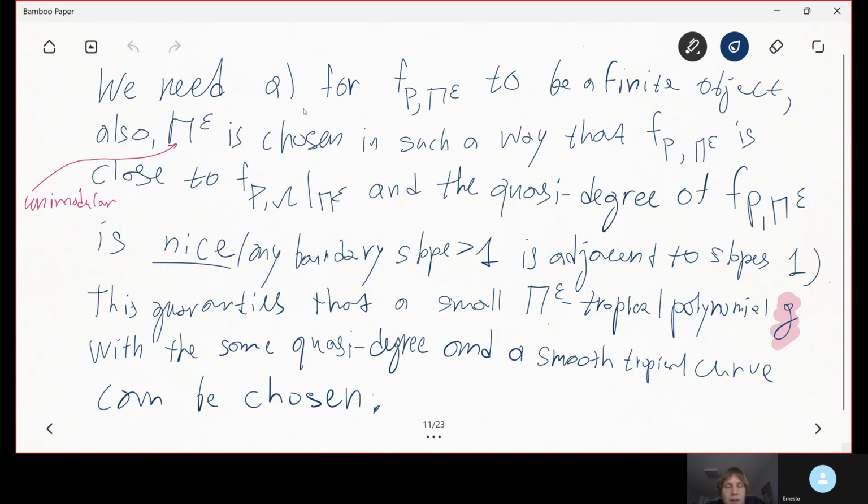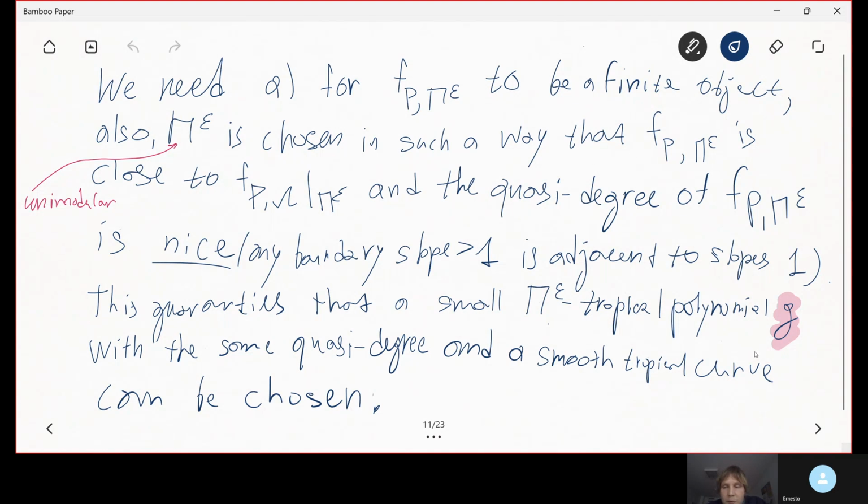And so there is some very technical condition we need to satisfy, which is easy to satisfy, that the quasi-degree of this tropical polynomial is nice, and this would guarantee that there exists some tropical polynomial with the same quasi-degree, which is smooth, or whose curve is smooth.